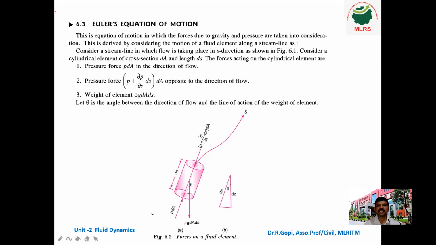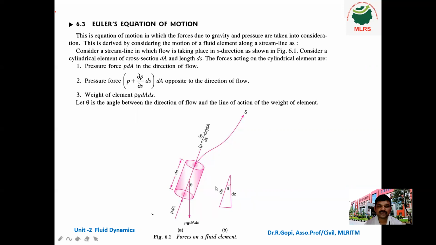The angle of inclination is theta. This is the direction of the pressure force acting, and rho g dA into ds is the weight of the element, acting in the pure vertical direction.